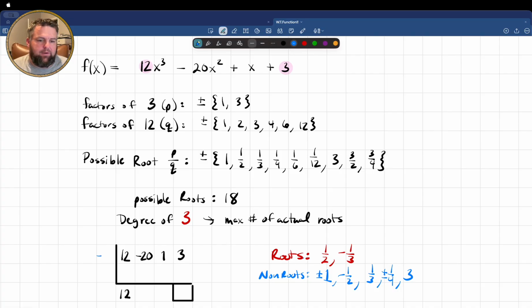Let's try negative 3. Negative 3 and 12. That's going to be negative 36, be negative 56. You can see it's just going to keep getting bigger and bigger. So negative 3 is not one of them.